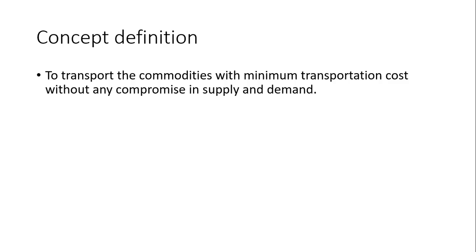So the overall theme of the transportation problem is to minimize the transportation cost of shipping the item without any compromise between supply and demand. Both supply and demand should be well balanced in nature.